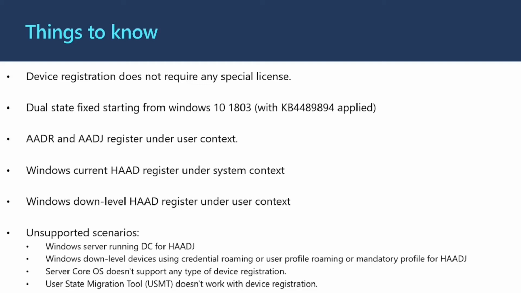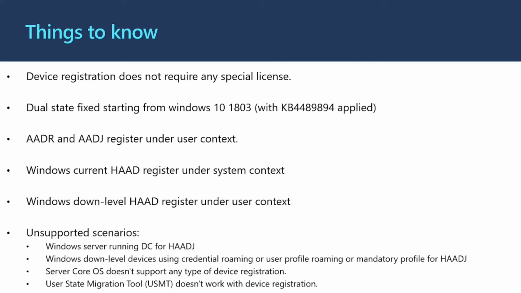Azure AD Registered and Azure AD Join are registered and connected to Azure Active Directory under user context, which means the user himself needs to start this registration and he needs to enter his credentials there. Not like hybrid Azure AD Join for current devices like Windows 10 and Windows Server 2016 and above, where they are connected to Azure Active Directory under system context without any user interaction.